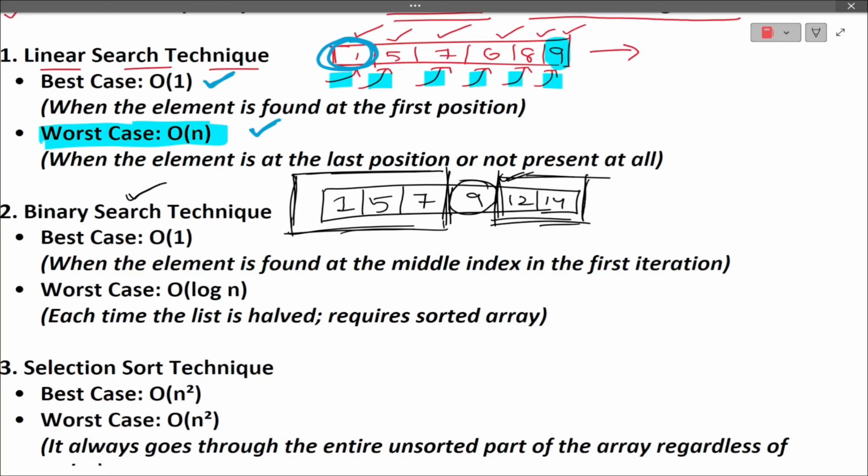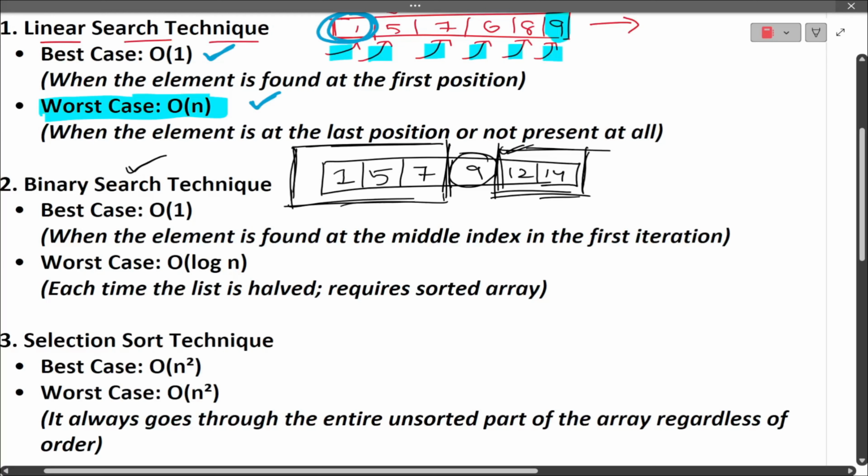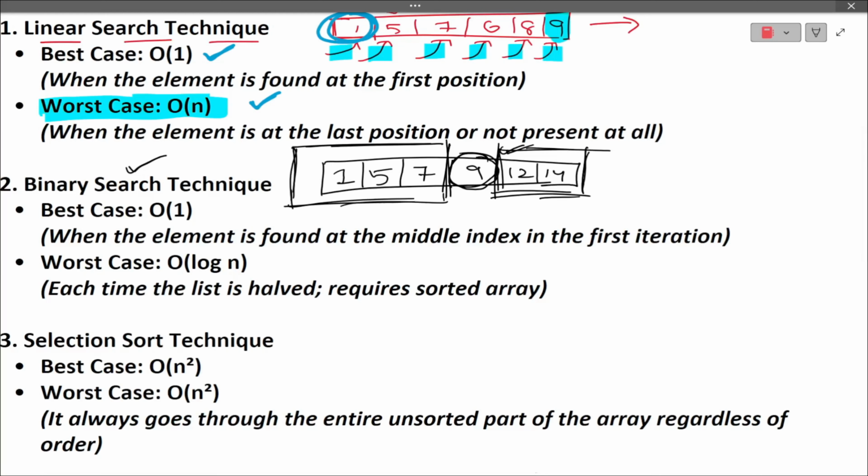Now what will be the best case scenario? If my number is found at the middle. Whenever this question is solved, if you look into the code snippet of this program, you will find that first the mid place value is found out. At first the number is checked with the mid value, then the range of the numbers changes.